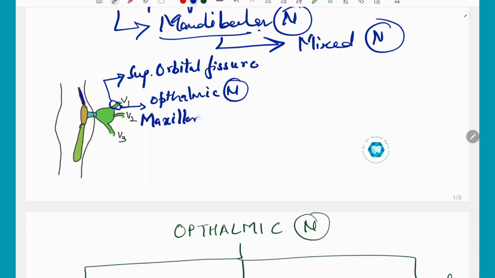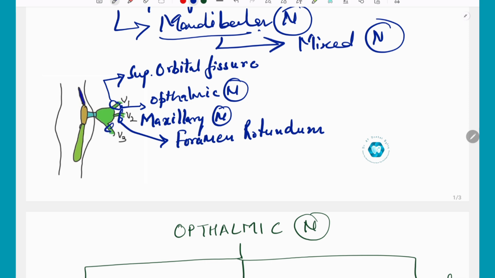The maxillary nerve exits the cranium through foramen rotundum, and the mandibular nerve through the foramen ovale.